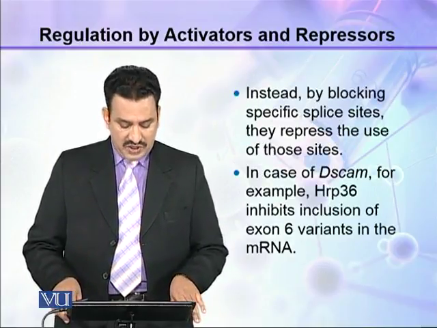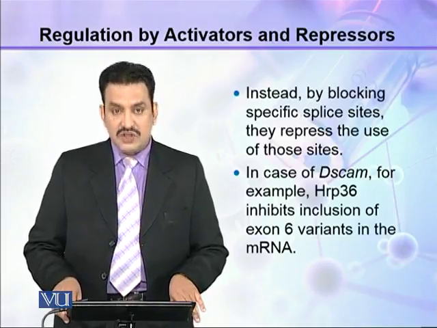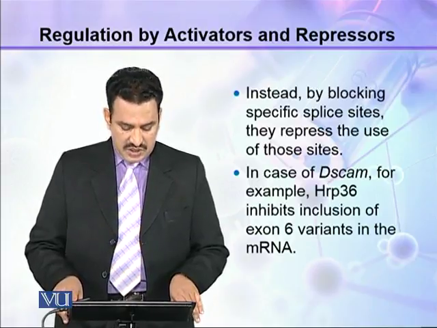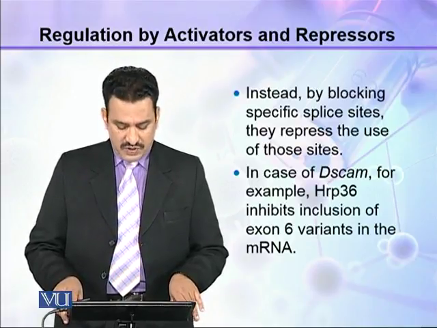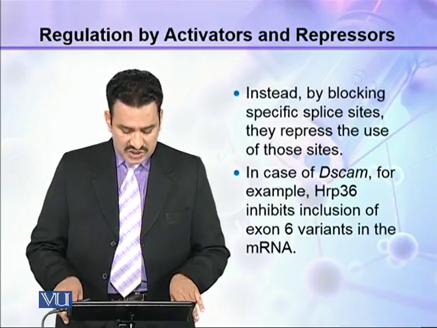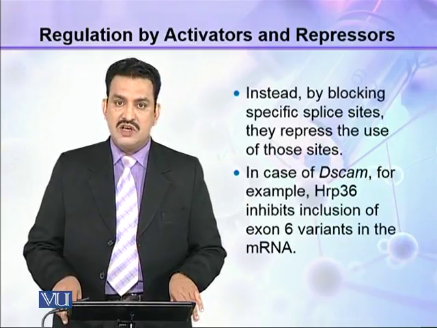Instead, by blocking specific splice sites, they repress the use of those sites. So they are repressors. In the case of DSCAM of Drosophila, for example, HRP36 inhibits inclusion of exon 6 variants in the mRNA.